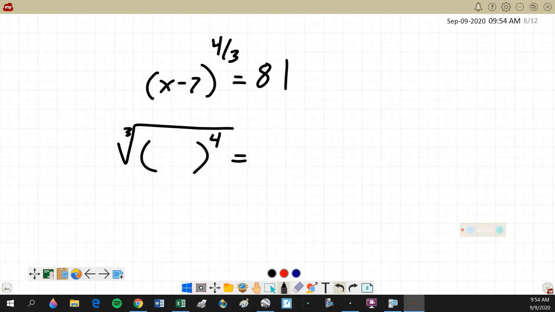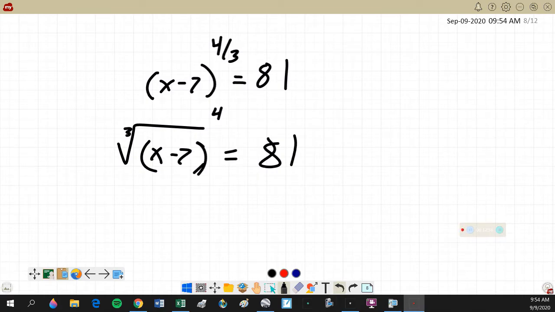And this is a little bit strange, but that 4 can go inside or outside. Technically it matters, but practically it doesn't matter. So you can put that 4 on the inside or the outside.